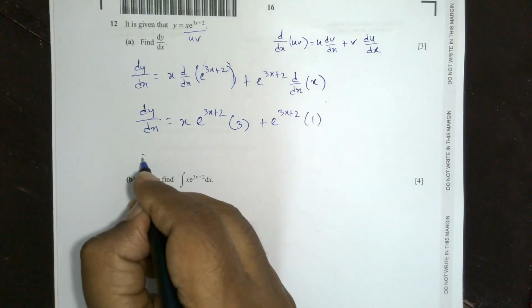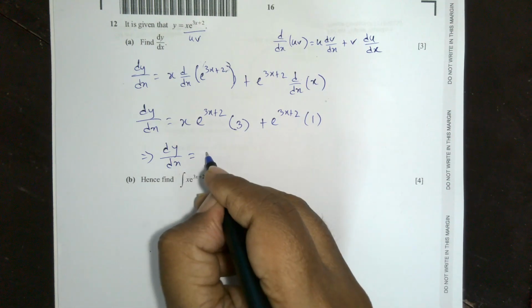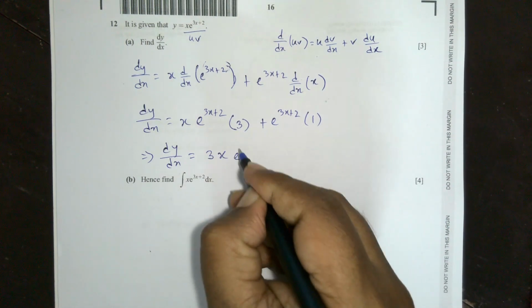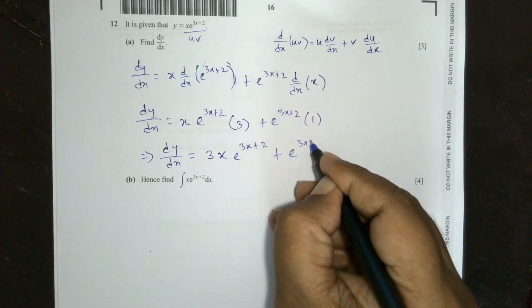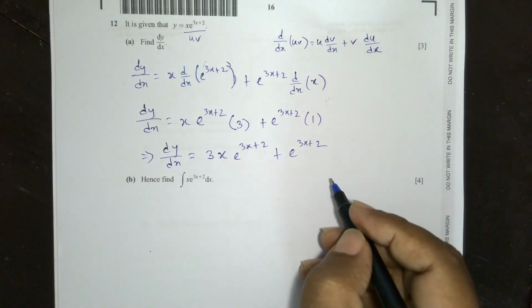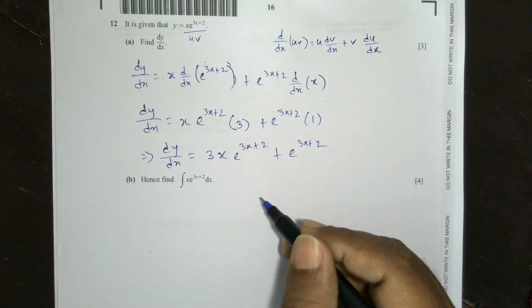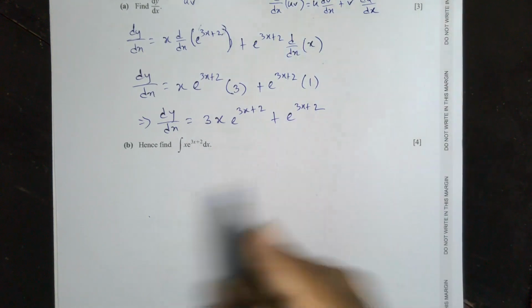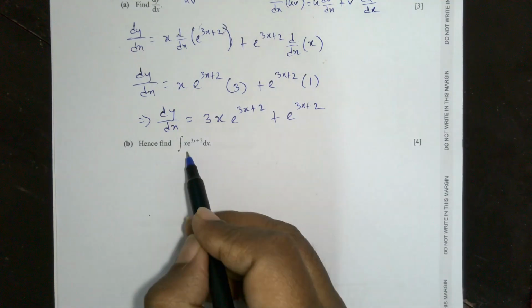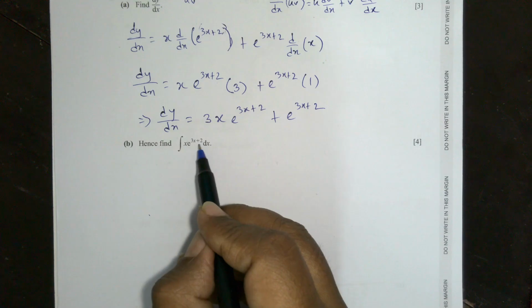So in the final line, I can write it a little more organized: 3x e to the power 3x plus 2 plus e to the power 3x plus 2. Okay, so we are done with our differentiation part. Now let's move to the integration part, or we can say part B. It says, hence find the integral of x e to the power 3x plus 2 dx.